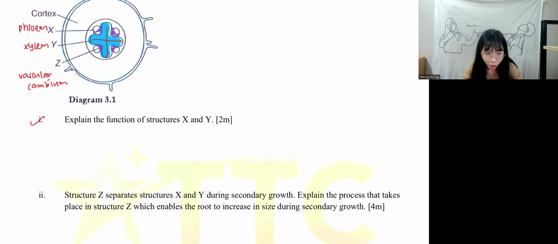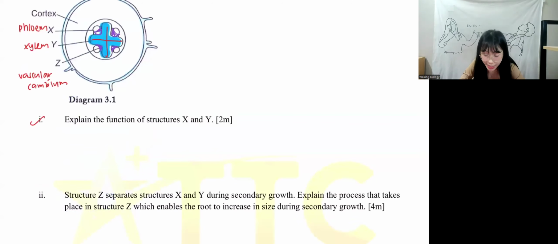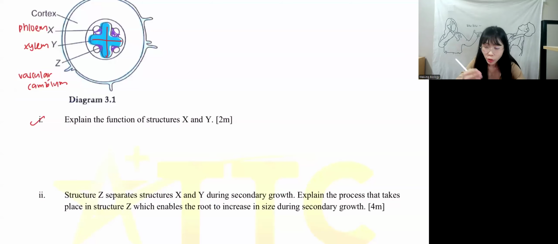So now I can confirm that Z is vascular cambium. Why? Because it separates X and Y. So the function of vascular cambium is to produce more xylem and more phloem, to form secondary xylem and secondary phloem. The xylem forms inwards, the phloem forms outwards.